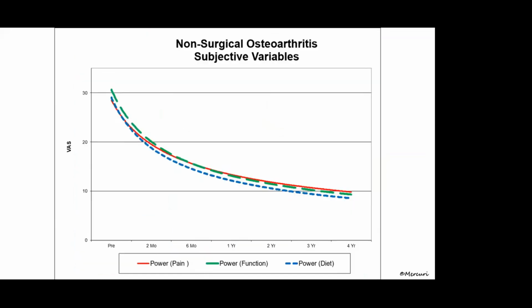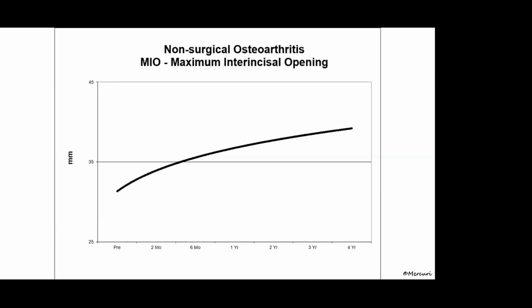And we followed a number of patients using this technique. I think this is about 20 patients, and we followed them over a period of about 4 years. And we can see, using these power diagrams, pain, function, and diet decreased using a visual analog scale over time. Never got to 0. They still had some pain, but never got to 0. And their maximum incisal opening increased.